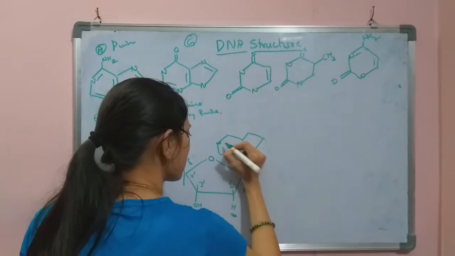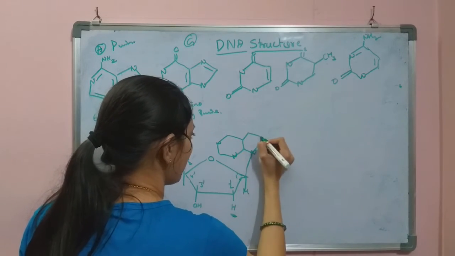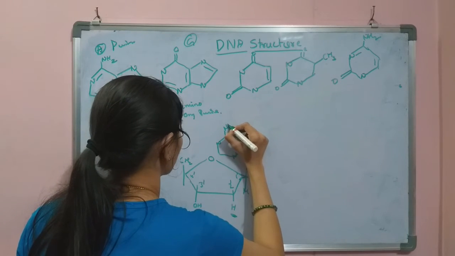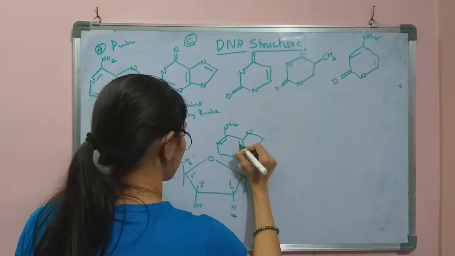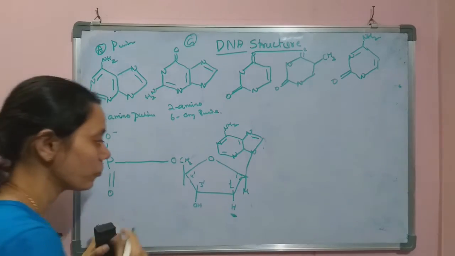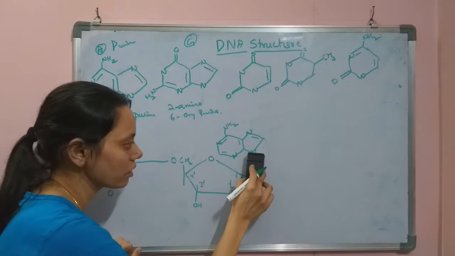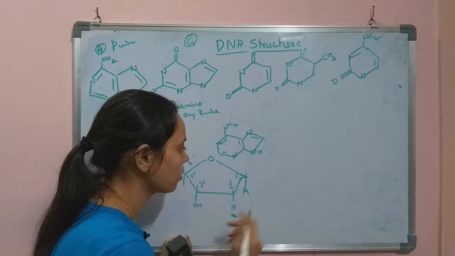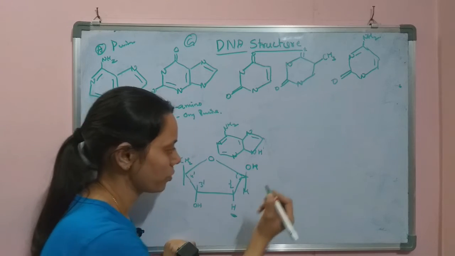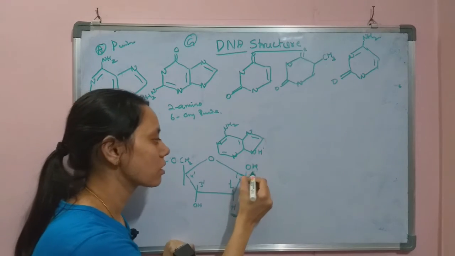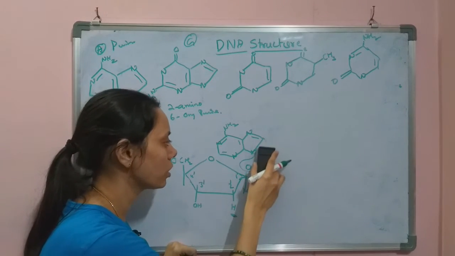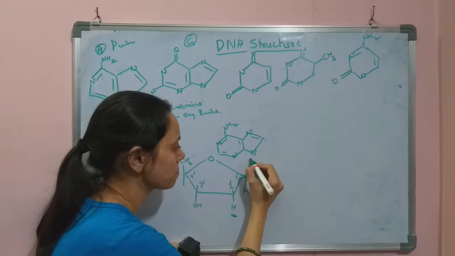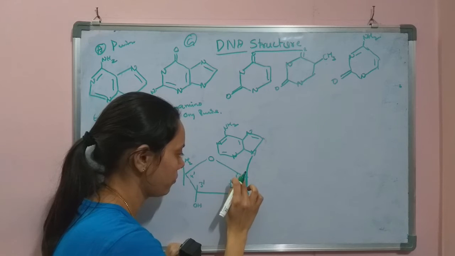So let us draw the structure of adenine. Here is the NH group, and here is the OH group. Again there is a loss of a water molecule, so that the bond will be formed.